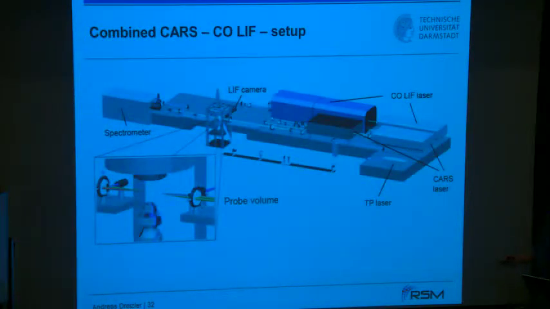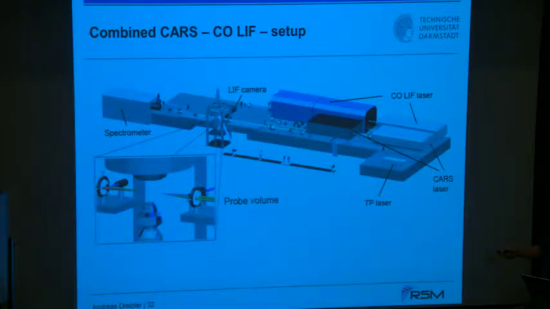Okay, and then you throw everything together. You have here a YAG laser pumping the home-built broadband dye laser. You create here these three beams: the pump, and the Stokes. Then you have another pump laser pumping another dye laser, a commercial one, to create the 230 nanometers.